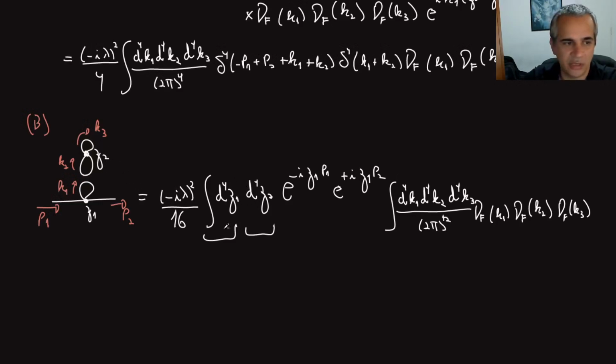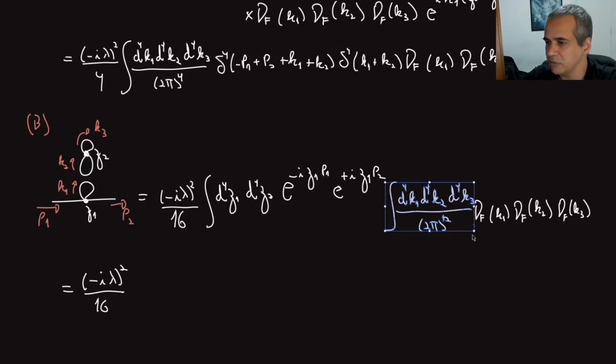That means I can do the integral in Z1, and on the first step I'll already get the total momentum conservation, minus iλ over 16 squared. I get all these integrals.